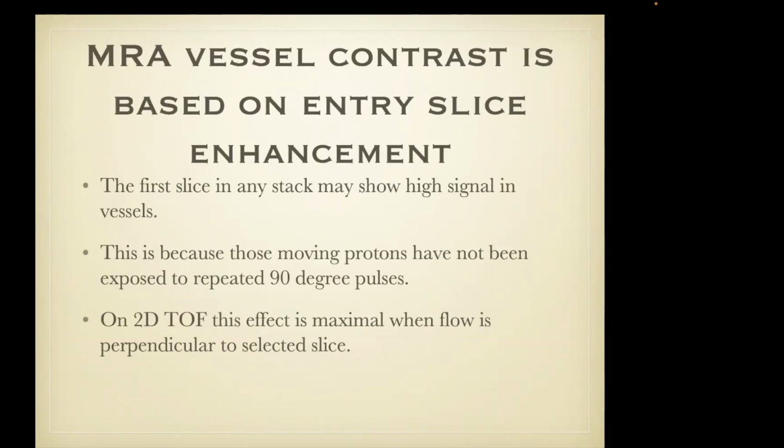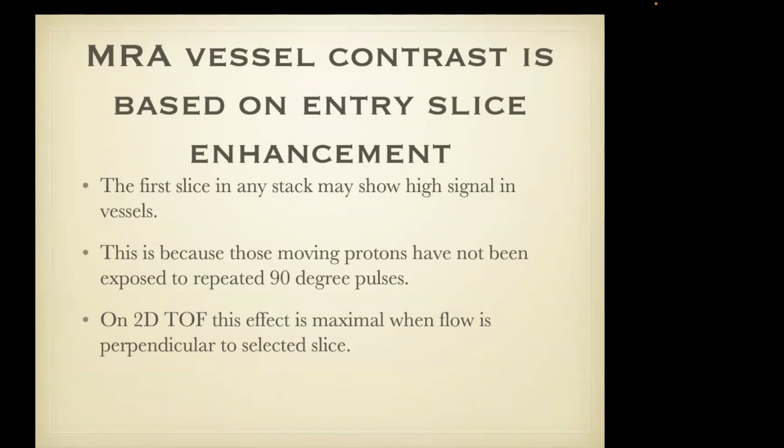So just to point out that the source of contrast on all time of flight imaging is what's called entry slice effect, or it used to be called paradoxical enhancement. But basically, something you probably all know that look at MR, on the first slice in any stack of images, the vessels conveying blood flow from outside of the image volume can show high signal intensity.